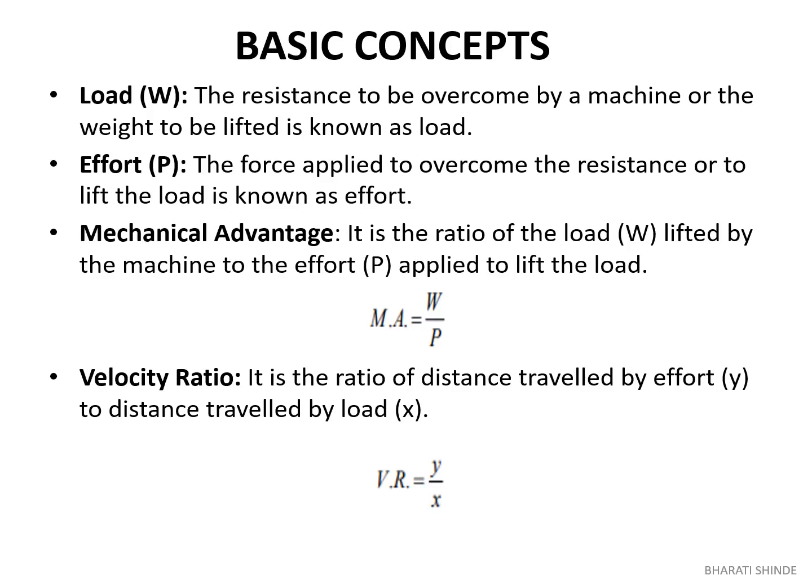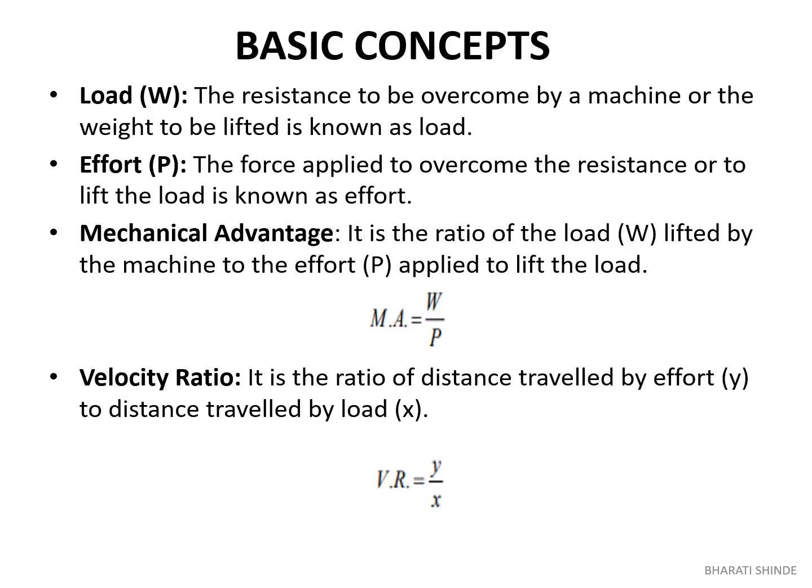So MA is equal to W by P. And mechanical advantage has no unit and it is a pure number. And MA, that is mechanical advantage, is almost always greater than 1.